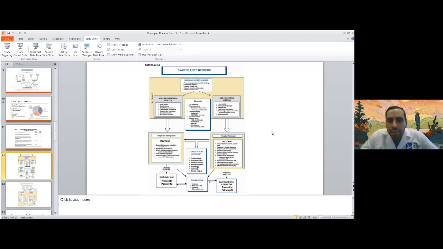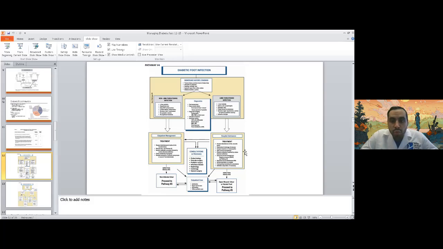And then on the right side, this is a limb-threatening infection. So the redness is more than 2 centimeters. It's involving bone or the lymphatic system. There's a lot of drainage and malodor. And so this might require hospital admission for IV antibiotics, which are stronger than the oral antibiotics. Sometimes you might need a surgery to remove bad tissue or to do the incision and drainage in the operating room, where it's a little bit more sterile, and there are a lot more tools that we can use there.